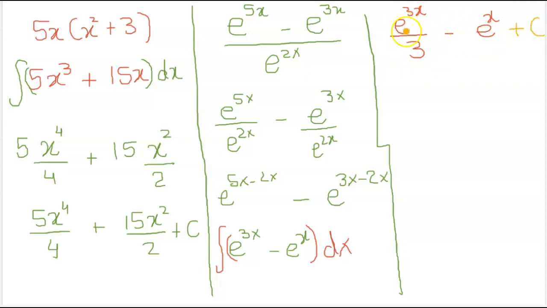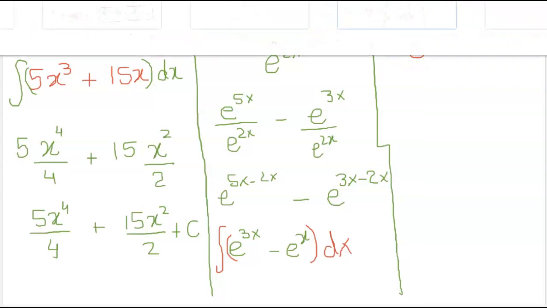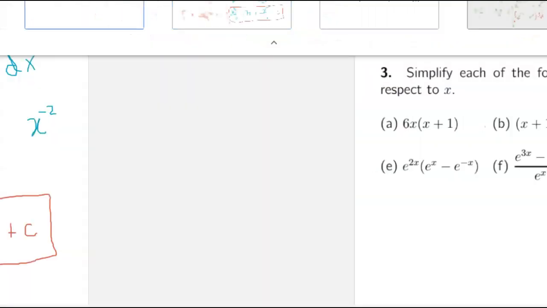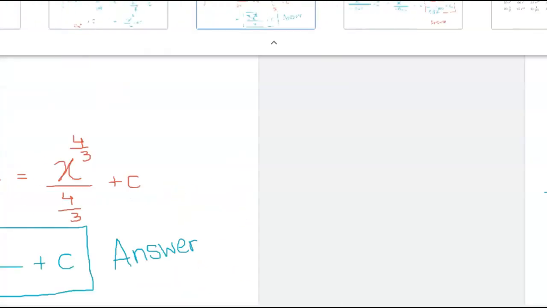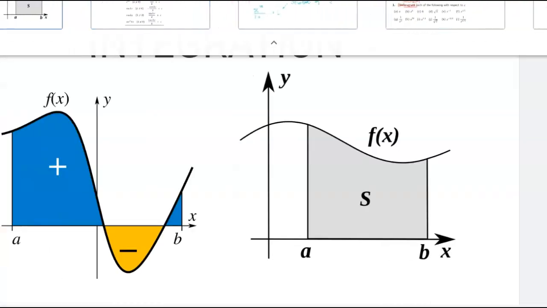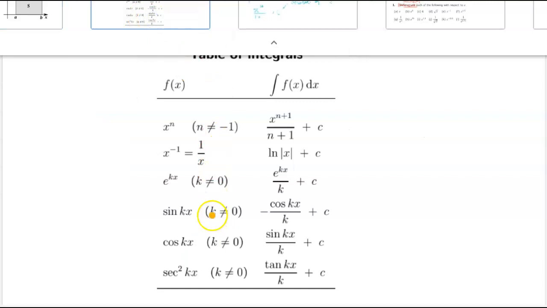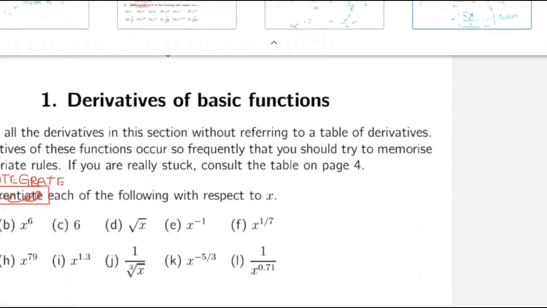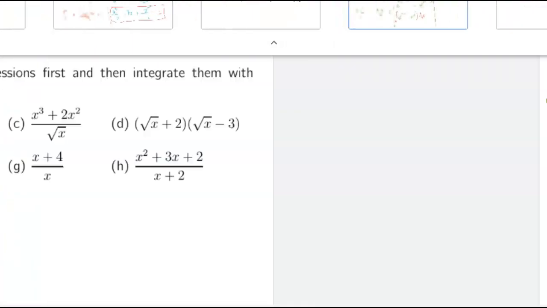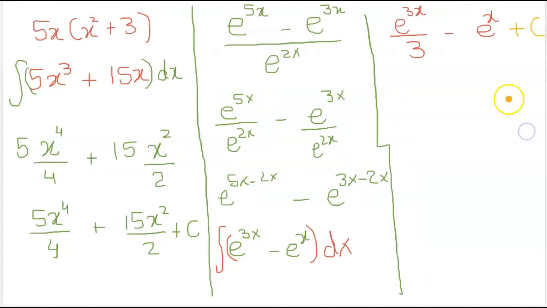For this one, e to the 3x over 3, I suggest you have a look at these rules for integration. Here it shows you how you integrate the e to the x. Yeah, that's the rule. Okay, so this is going to be your answer.